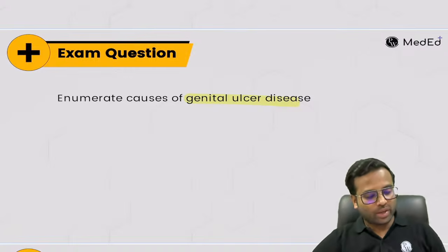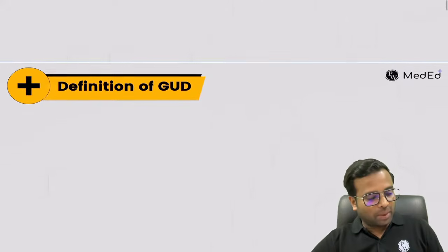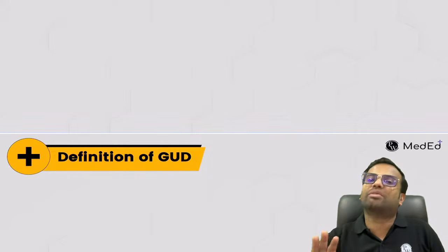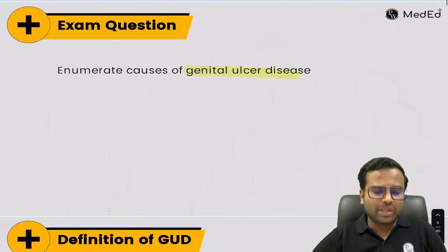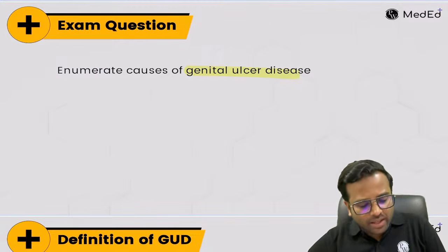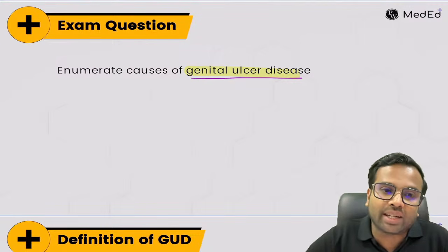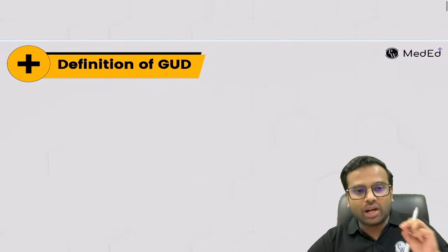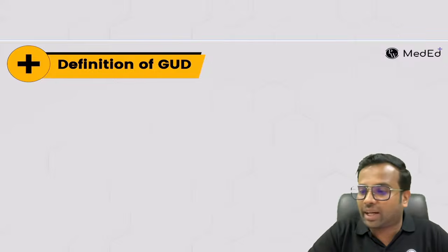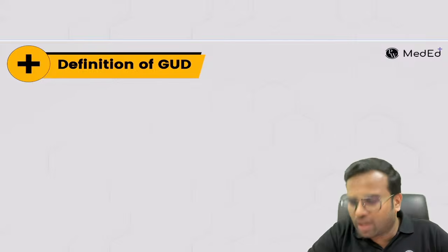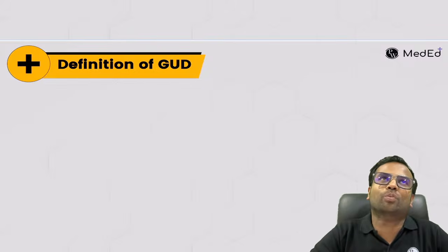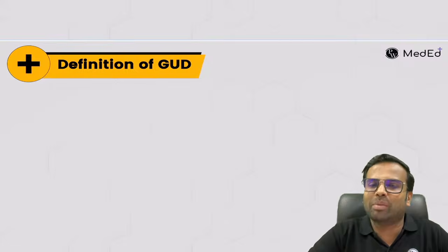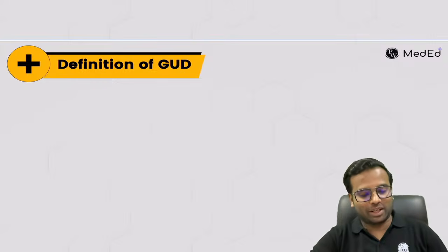Whenever you get this kind of question, first, as I told you, definitely give a short definition. Now which definition will we give here? The topic is genital ulcer disease, right? So let us give a small definition for a genital ulcer. Jai Kumar says HPV, human papilloma virus. Let's see, but before that, let me just write down the definition first.